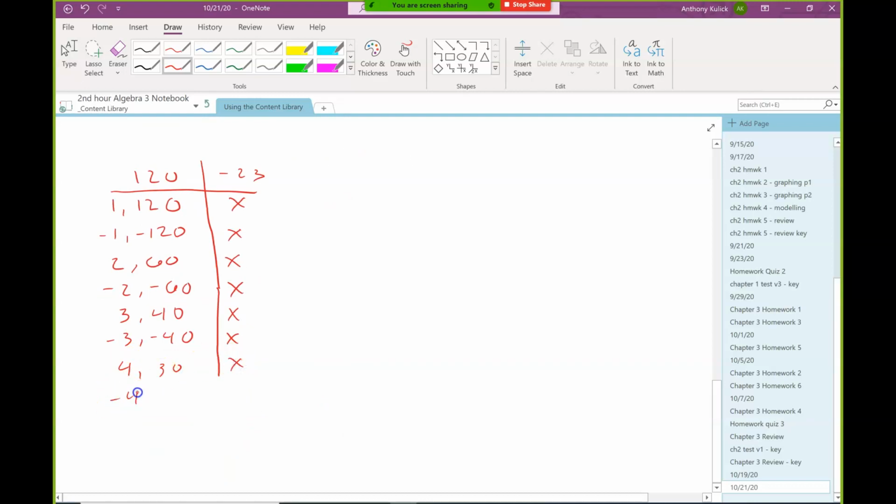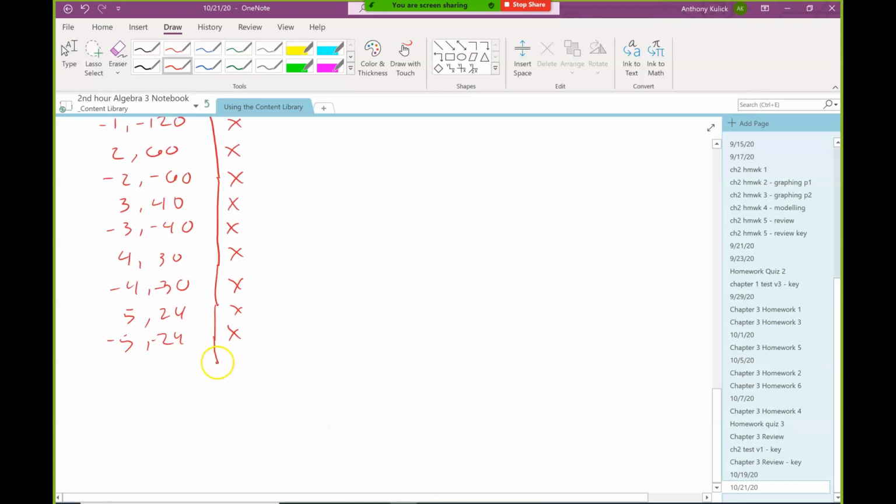Still doesn't add up to be the right thing for the negatives. 5 and 24. Nope. Negative 5 and negative 24. Nope. 6 and 20. Nope. Negative 6 and negative 20. Nope.